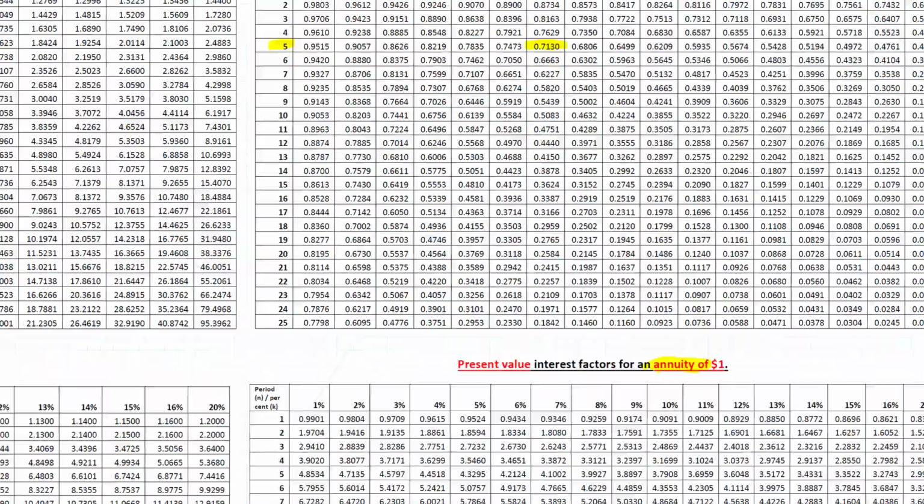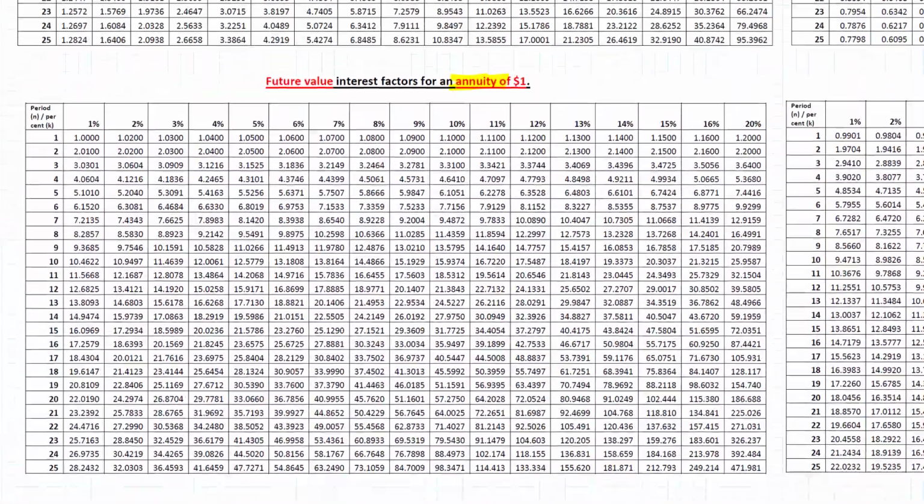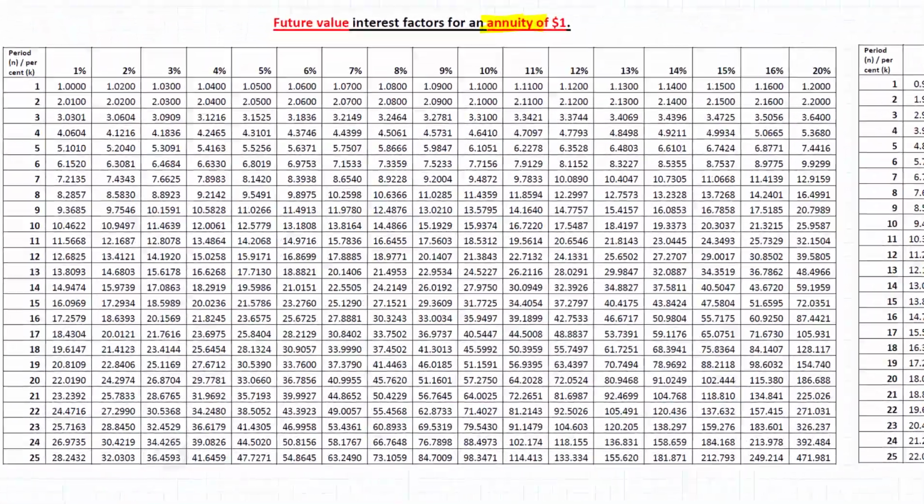So here is a table of future value for annuity of $1. Our interest rate was 5%, and we were looking at 18 years. So bringing those two bits of knowledge together, we get 28.1324.